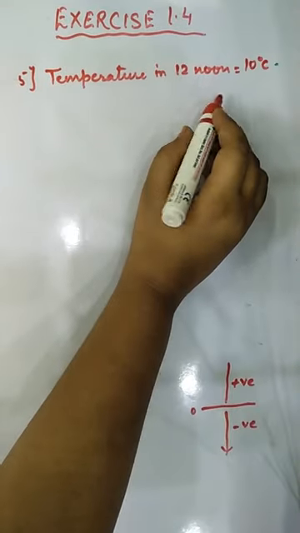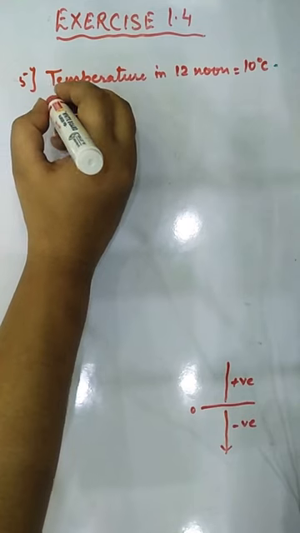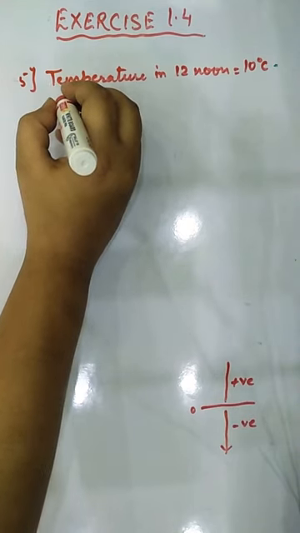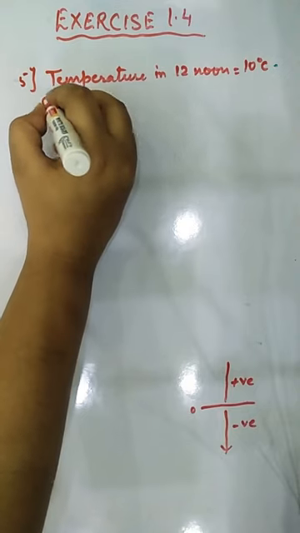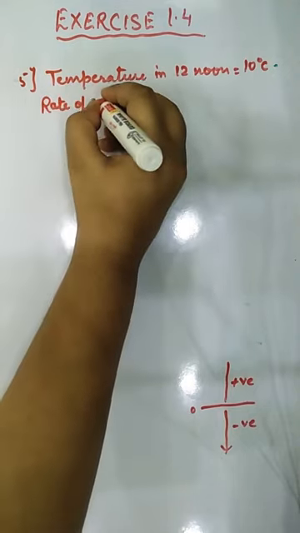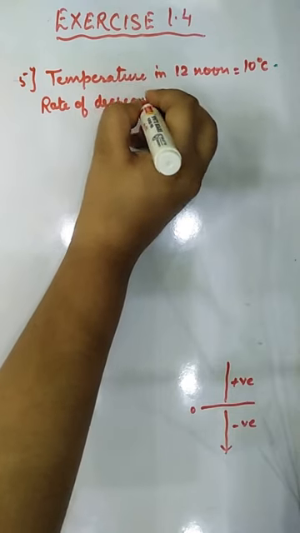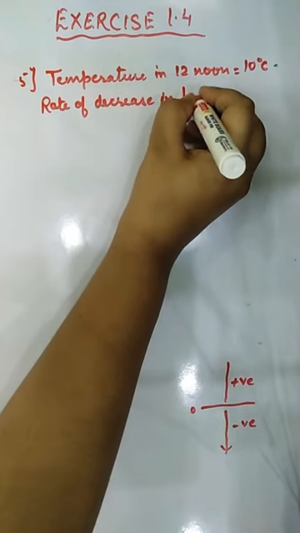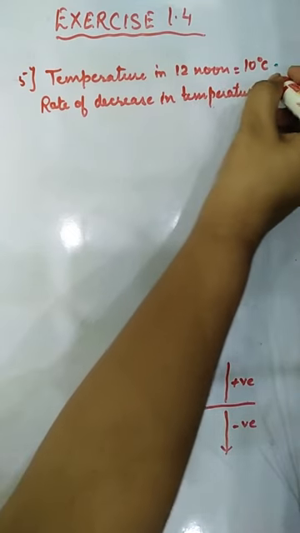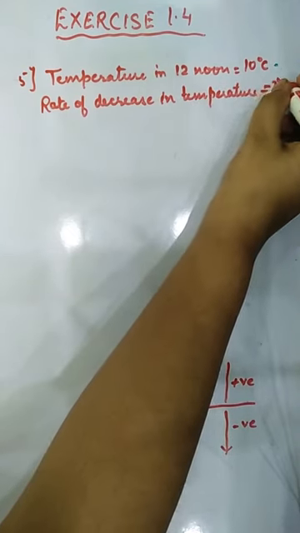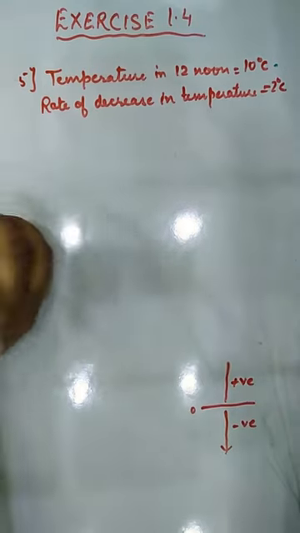Now it is decreasing at the rate of 2 degrees Celsius per hour until midnight, meaning till the night. So the rate of decrease in temperature is how much? 2 degrees Celsius. So at the rate of 2 degrees Celsius, it is decreasing every hour.